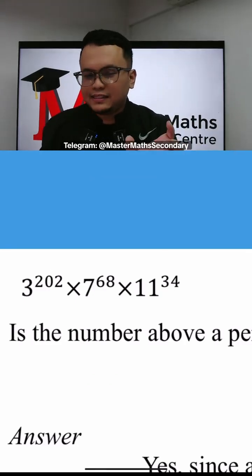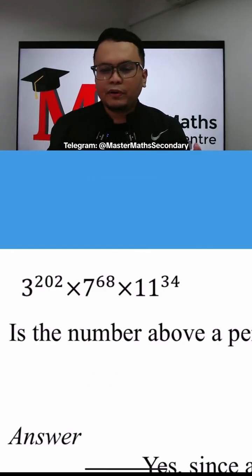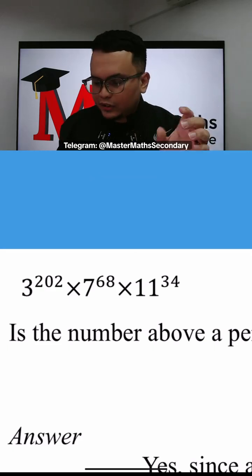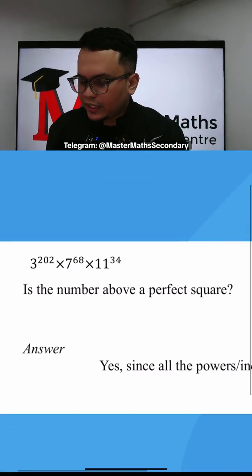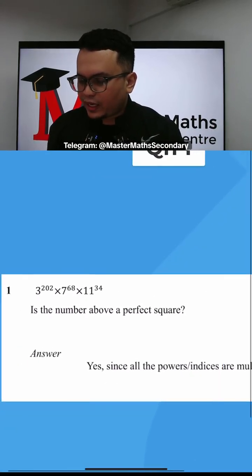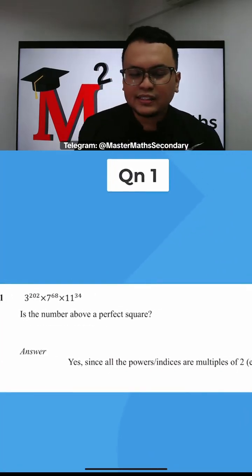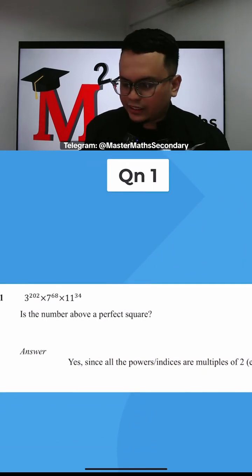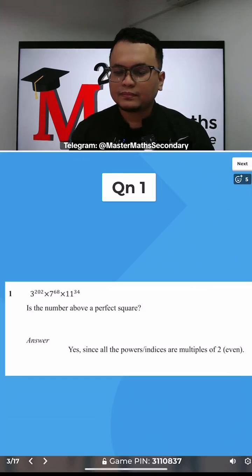This is a characteristic of a number that's a perfect square. For all perfect squares, all the powers, all the indices are multiples of 2. So yes, it is a perfect square. You can just observe the powers of your prime factors and then make that deduction that it is a perfect square.